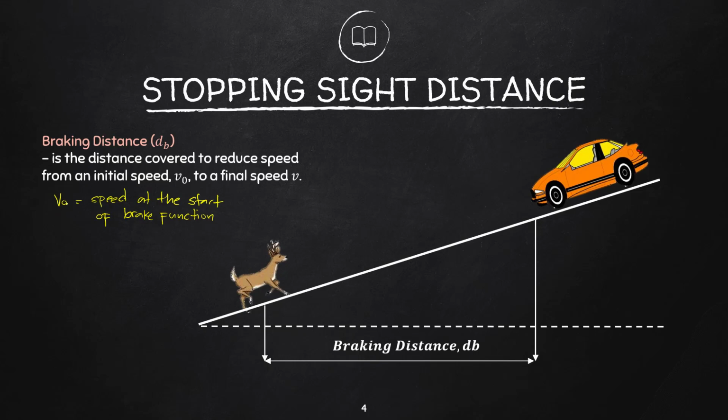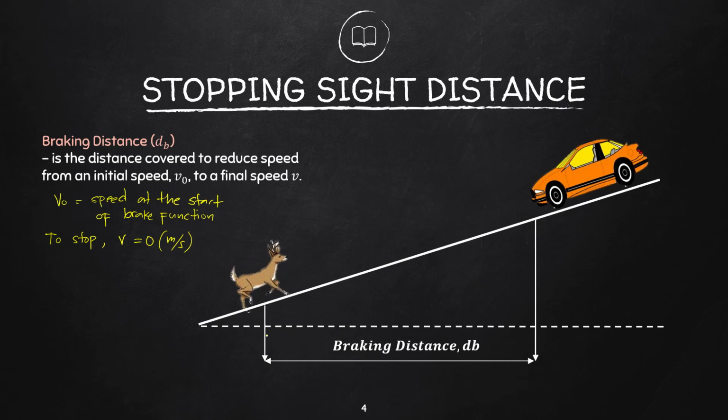And of course, if you step on the brake of this vehicle, then the car will decelerate, or it will reduce its speed to a final speed V, which is 0. For it to be able to stop, the final velocity, or final speed, because we are considering just one direction here, should be equal to 0. Of course, there's a unit, for example, meter per second.